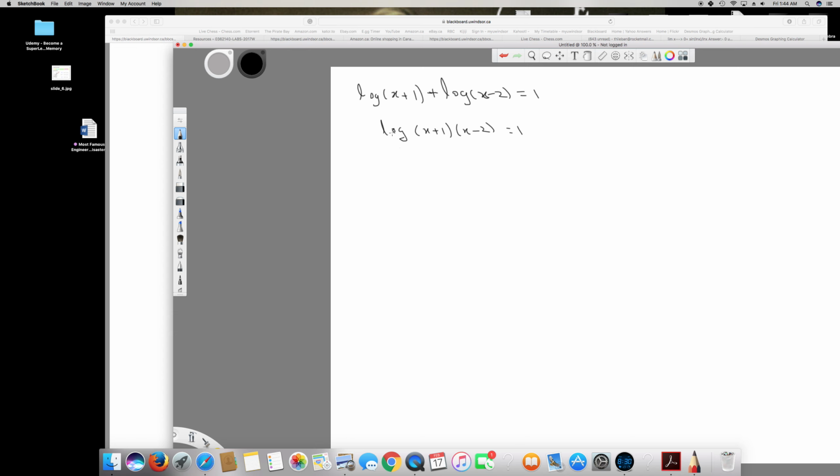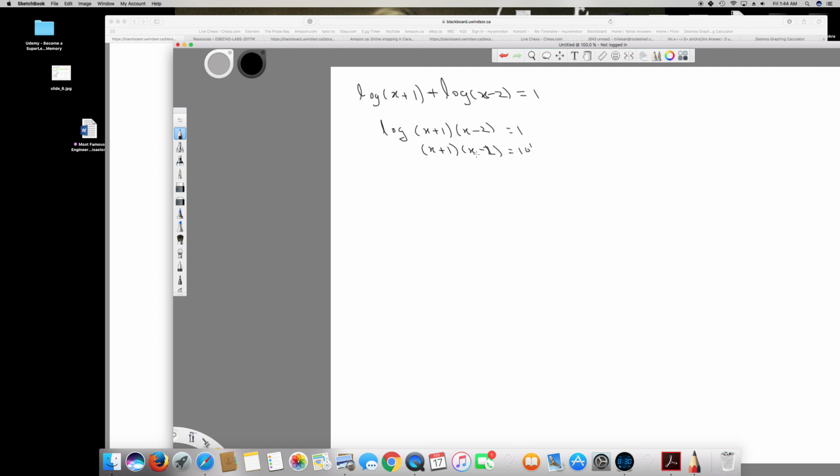So if I put 10 to the power of 1, this log will cancel. For example, if they have given 3 here, if you put 3 to the power of 1, this log will cancel. In this case I'm going to put 10 for the log, so the log will cancel. (x plus 1)(x minus 2) is equal to 10 to the power of 1.